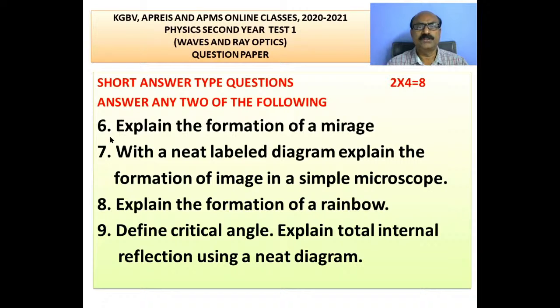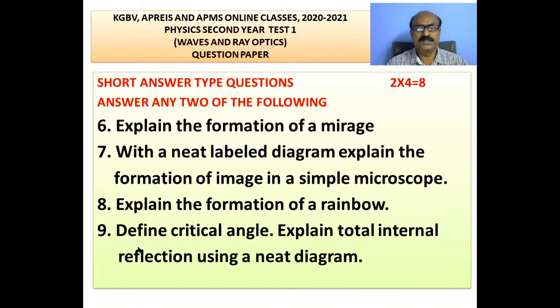Now, let us observe the second part, section B, short answer type questions. Explain the formation of mirage. The 7th one is, with a neat labelled diagram, explain the formation of image in a simple microscope. The 8th one is, explain the formation of rainbow.